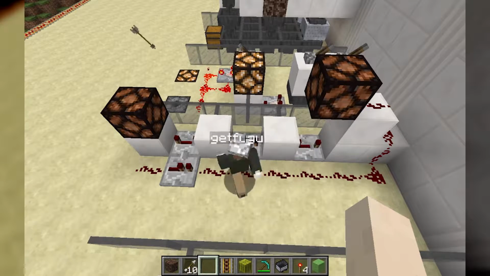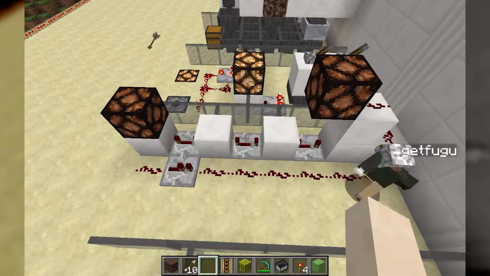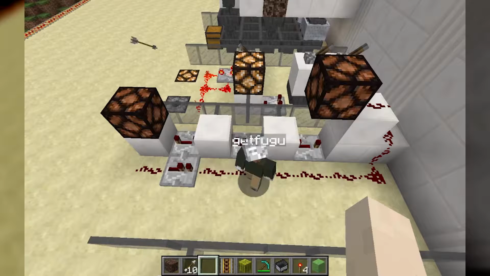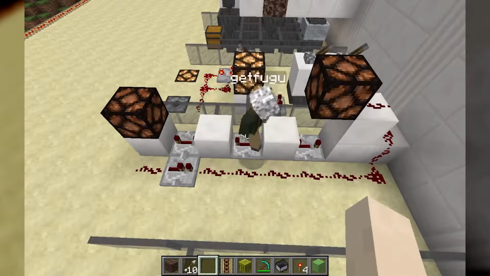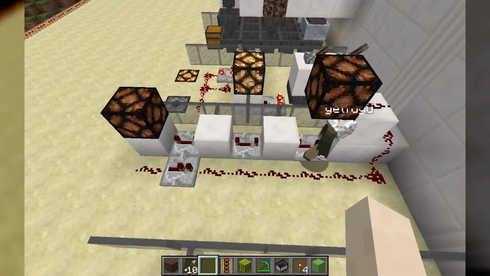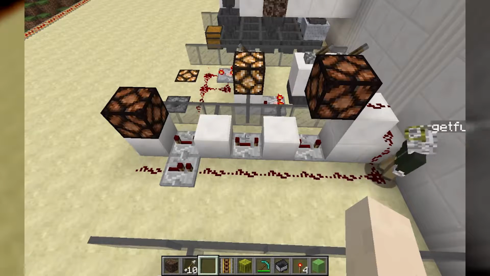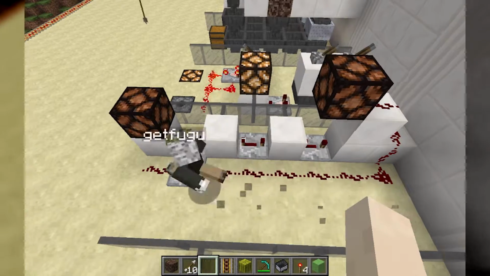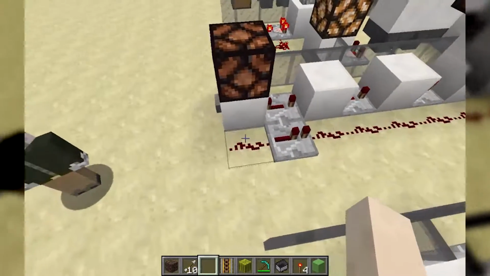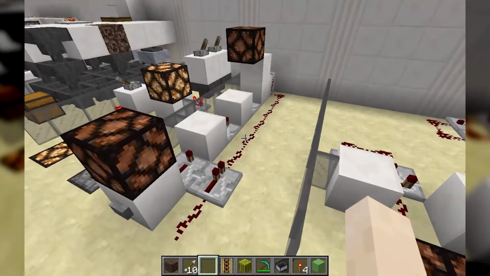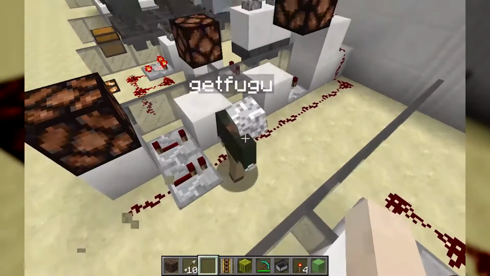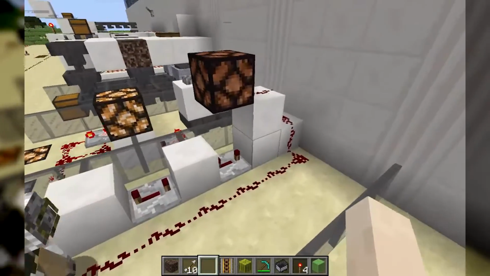So this redstone dust running alongside doesn't power any of those. So delay, power, a little more delay, keep it powered, a little more delay, keep it powered, and then all the delay runs out. So then what is the redstone on the side actually doing? It carries the initial current from this repeater.